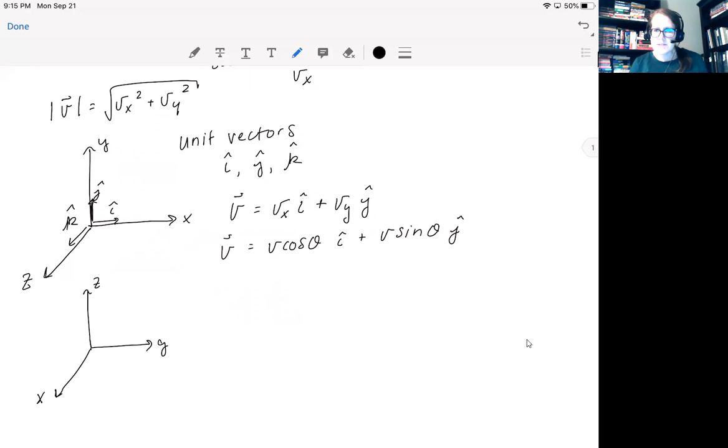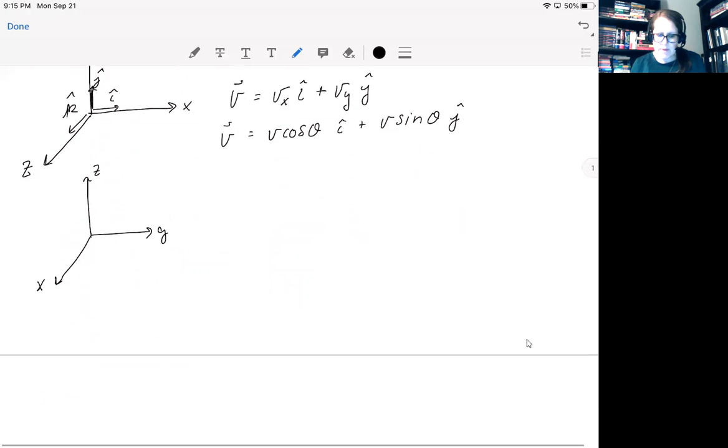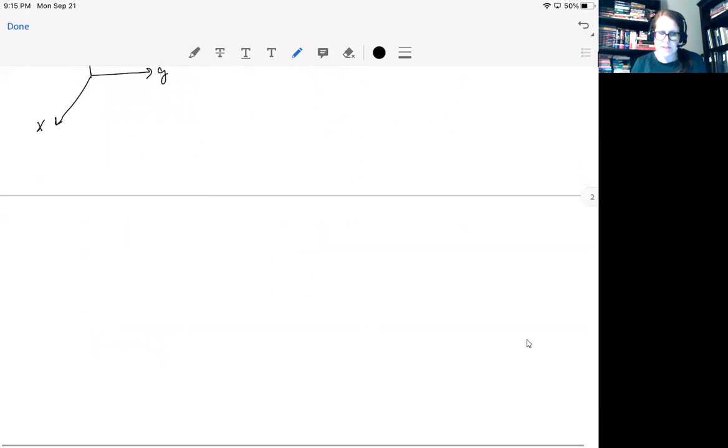All right, so let's try an example of adding vectors. We've got maybe some generic vector A and generic vector B. And if we add them, we're going to get some kind of resultant vector R. So we're just going to call that the resultant when we add them.